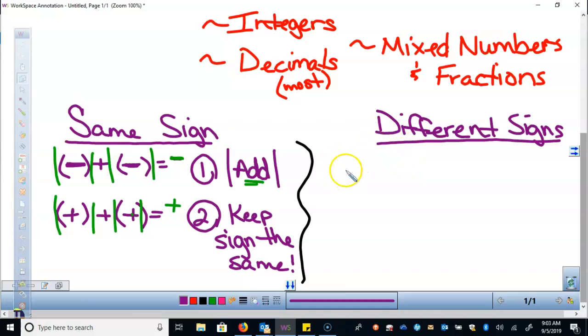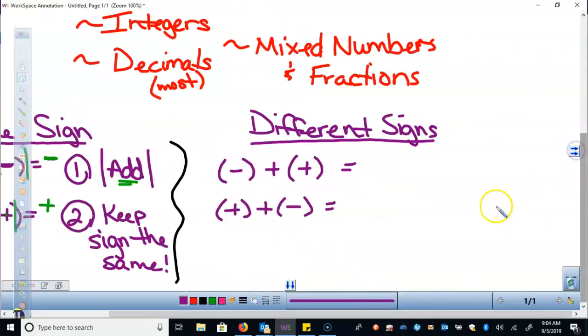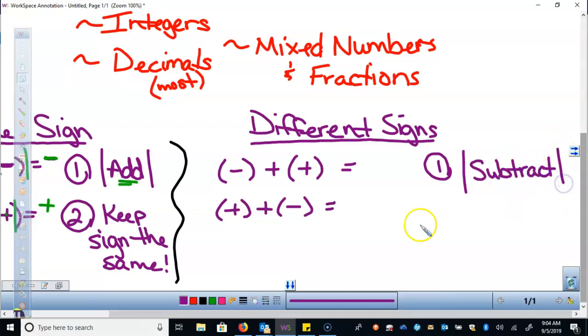The other thing that could happen with rational numbers is they could be different signs. So we could have one negative value and we're adding a positive value to it, or we could have one positive value and we're adding a negative value to it. In this case, we still have only two steps. Step one, we're going to take the absolute values, but this time we're going to subtract those absolute values.